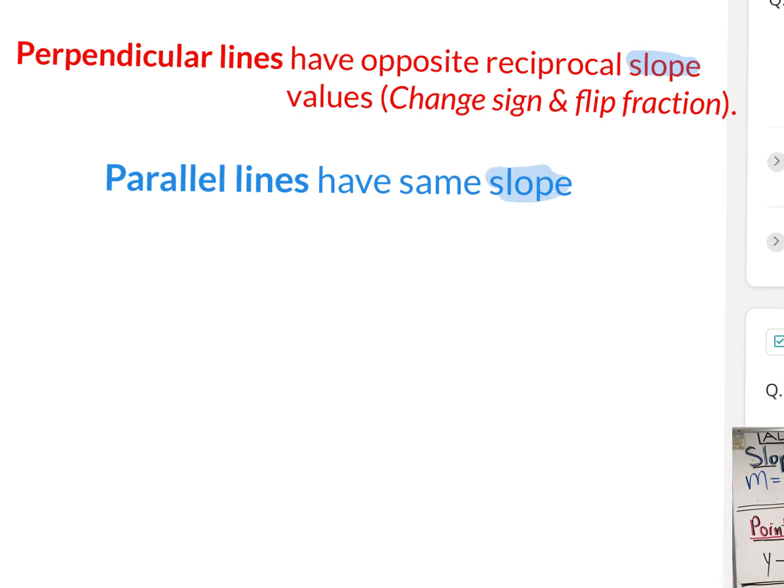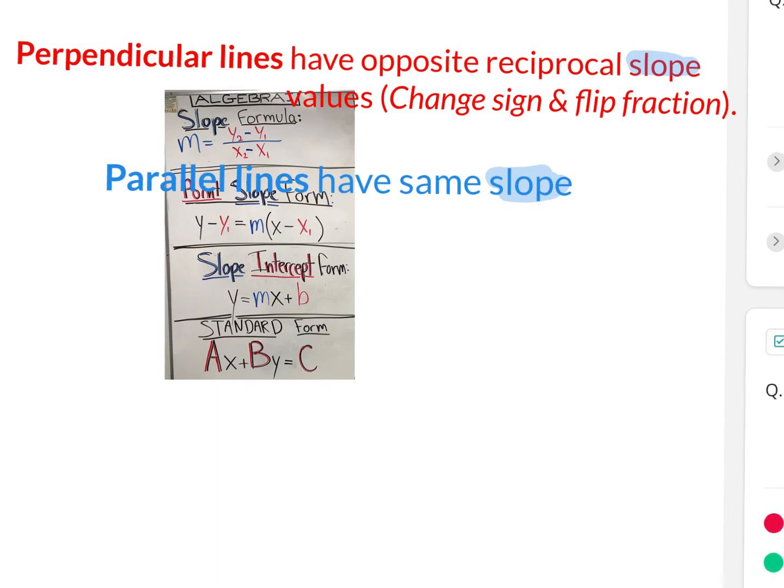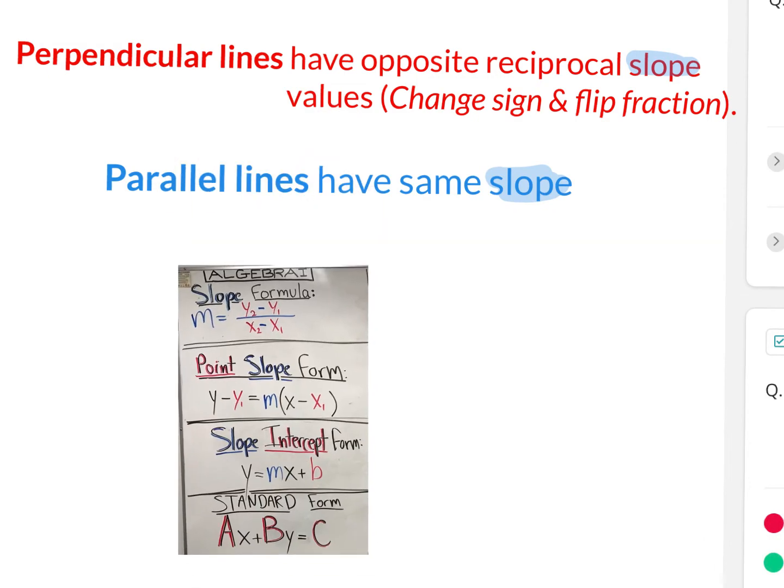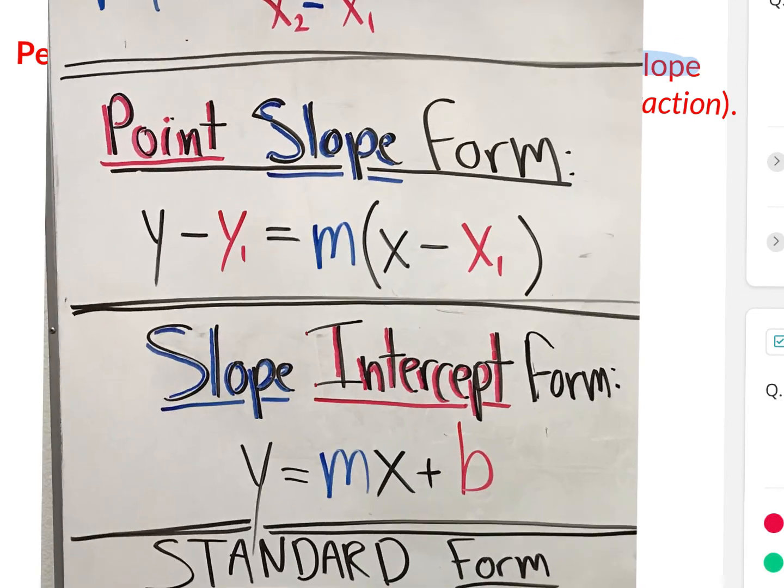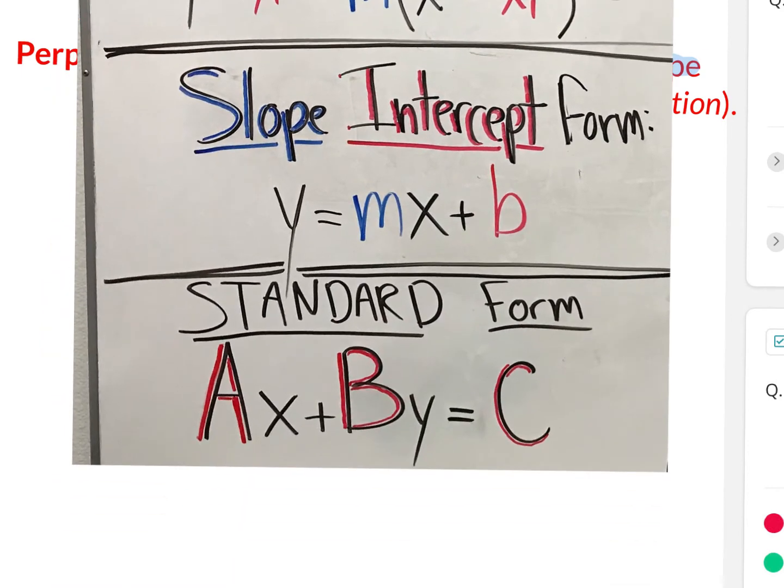Now, if you look at the board, the only way you're going to see the slope is if it's in point slope form. That's the only one that has an m, or slope intercept form. It has an m. If you have it in standard form, you cannot see an m value.